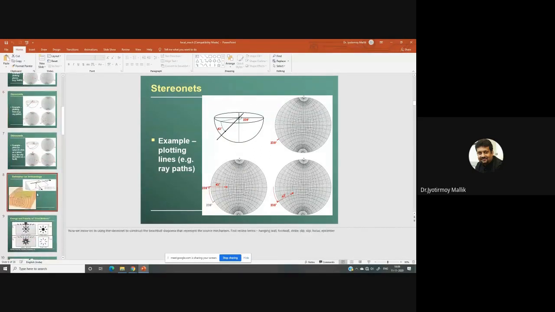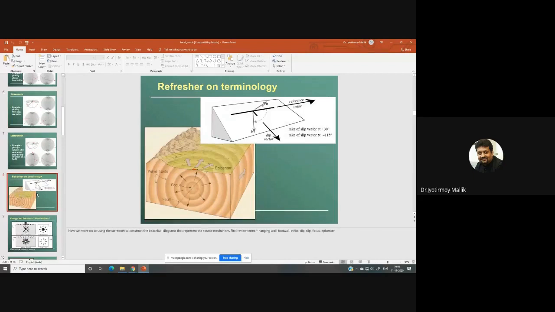Then we also defined something called pitch or rake. That is the angle between the strike of the fault plane and any lineament on the fault plane; that angle is called the pitch or the rake of that particular line.